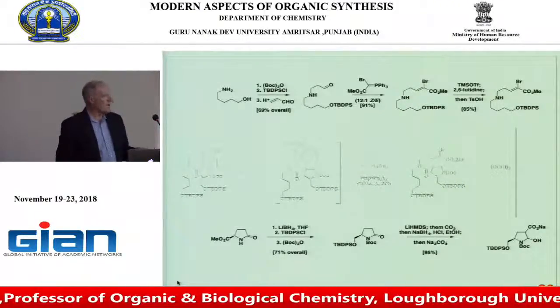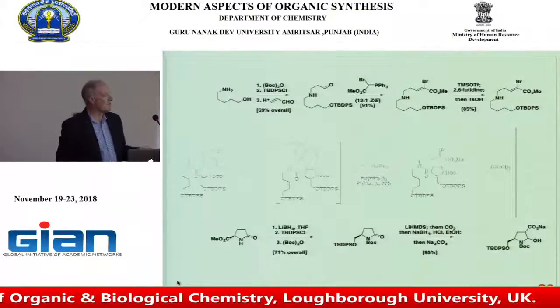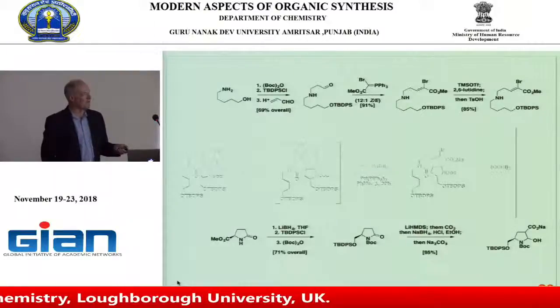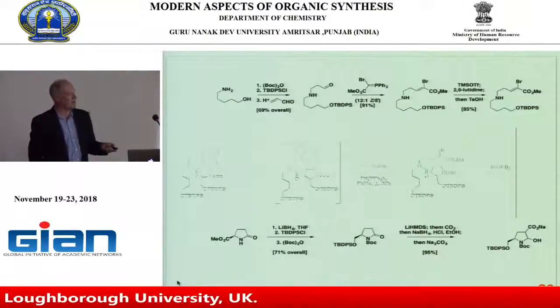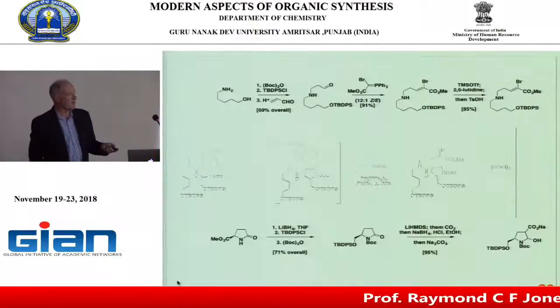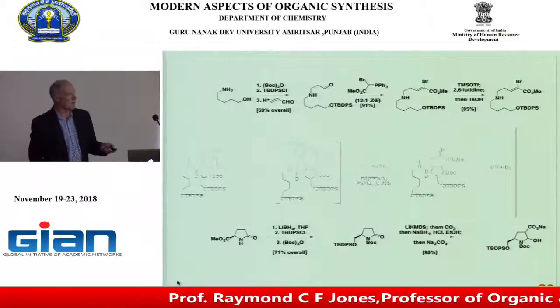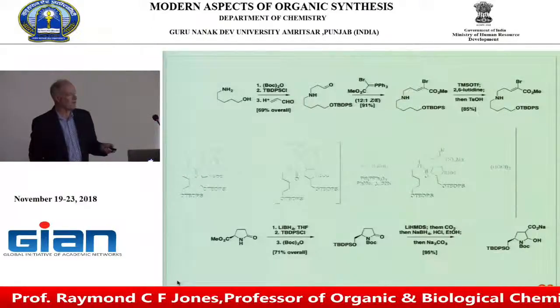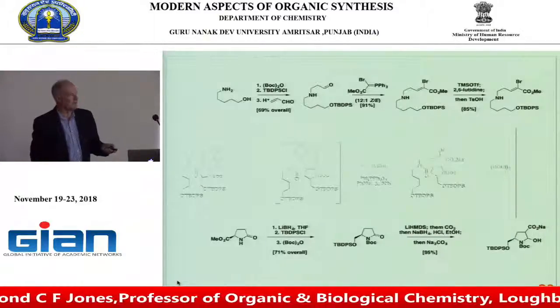The nitrogen ring compound on the bottom here can be made from a commercially available derivative of the carboxylic acid, aspartic acid, and reduction of the ester group, protection of the alcohol with a silyl protecting group again, and then protection of the nitrogen with the tertiary butyl oxycarbonyl function gives you this.